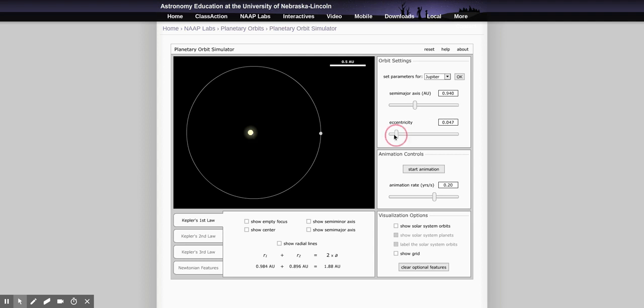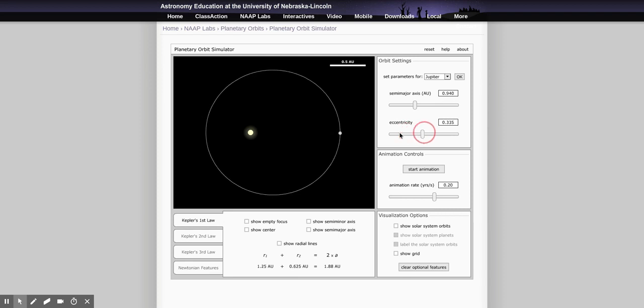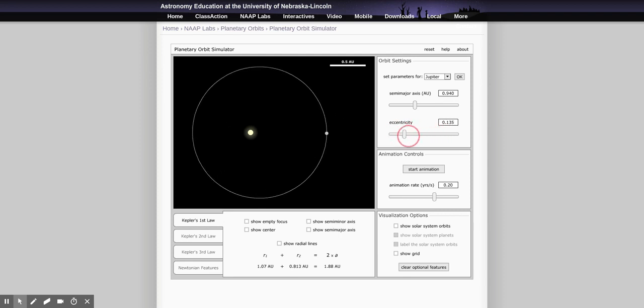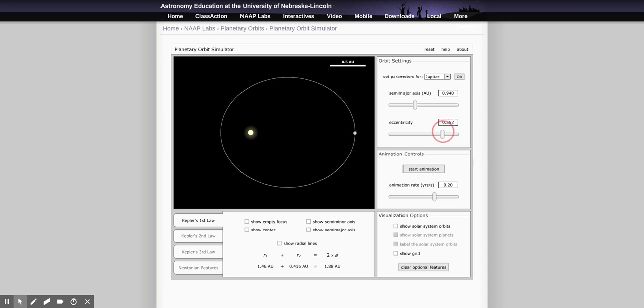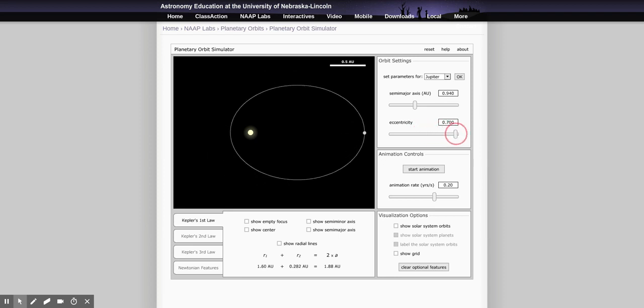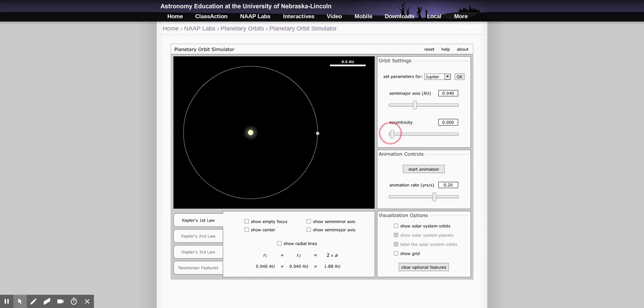The other is its eccentricity. That's a measure of how oval-like the orbit is. A really high eccentricity, approaching 1, gets more and more like an oval, and an eccentricity of 0 means you're basically a perfect circle.